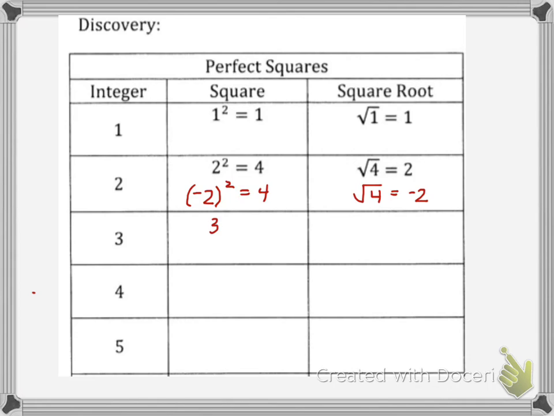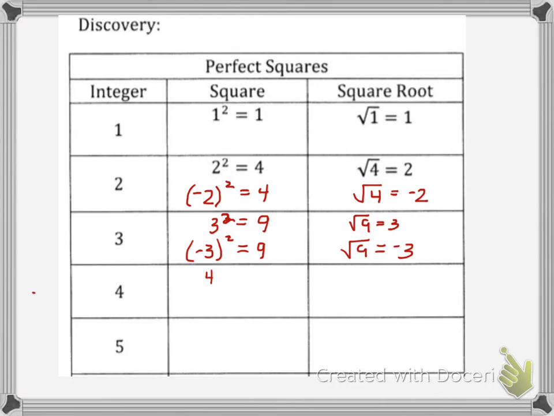So we can't forget that about the perfect squares. And so we know that 3 squared is 9, and that negative 3 squared is 9, remembering that when we square a negative value, we put it in parentheses. And so the square root of 9 could be 3, or negative 3.